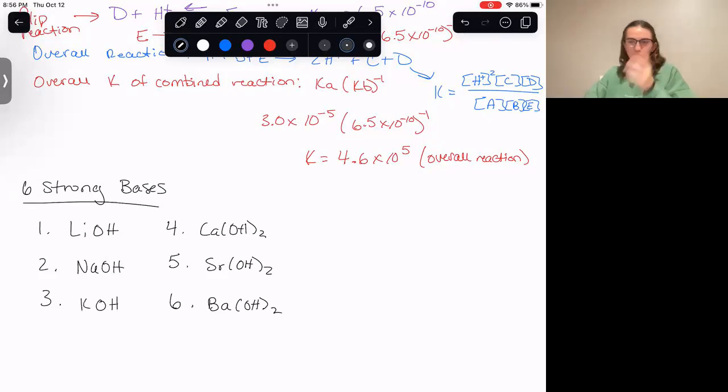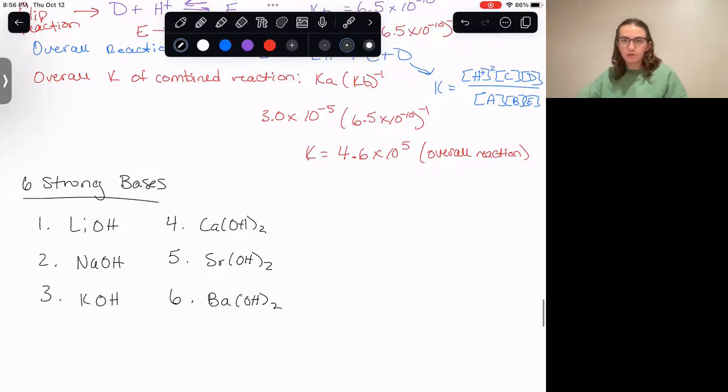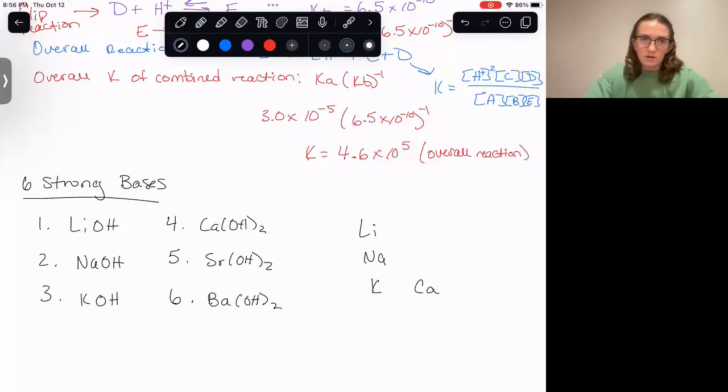Yep, perfect. So on the periodic table, if you look at this, it goes lithium, sodium, potassium, calcium, and I always forget if it's strontium or barium first. I won't tell you the wrong information. It's strontium, and then barium.